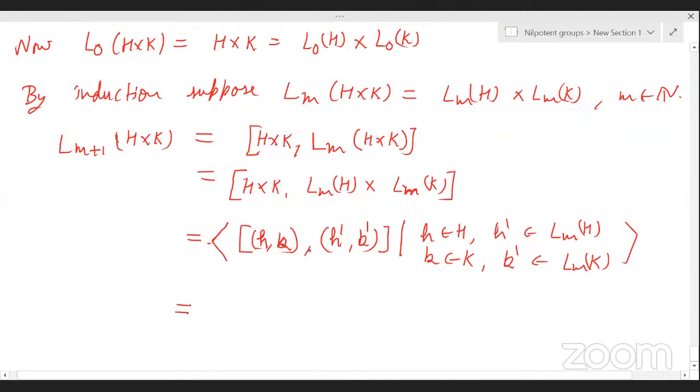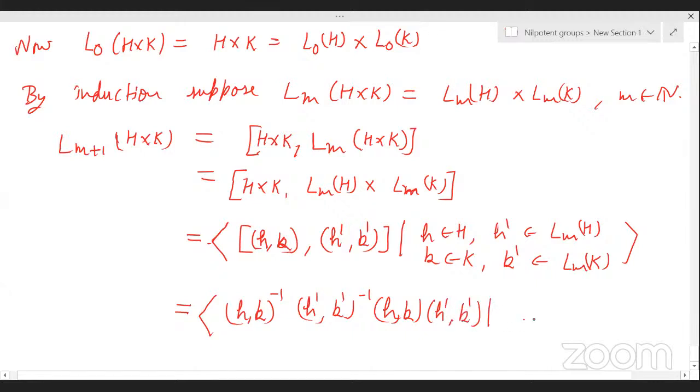Now this is a commutator, and by the definition of commutator, we can write it as (h,k) inverse, (h',k') inverse, (h,k), and (h',k'), such that the rest is the same.